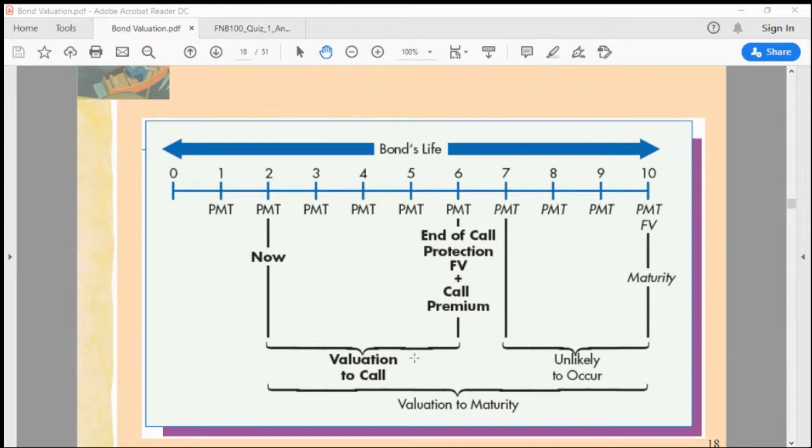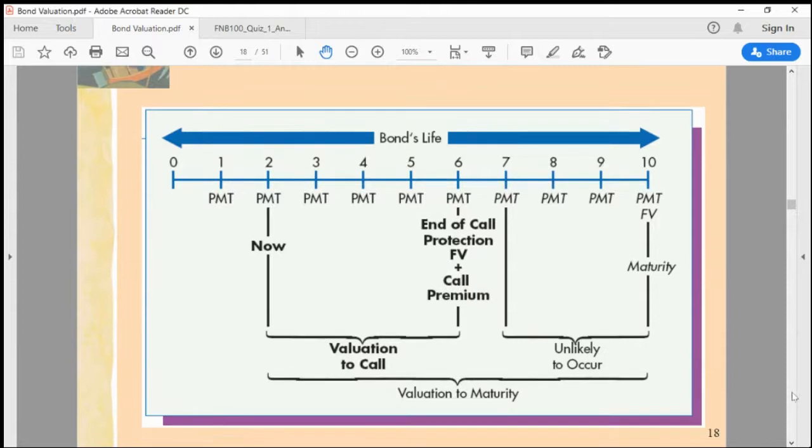So you will use only 4 years as the timeline, and your maturity value will be not just $1,000, but 1 more year's coupon payment, which is called the premium.